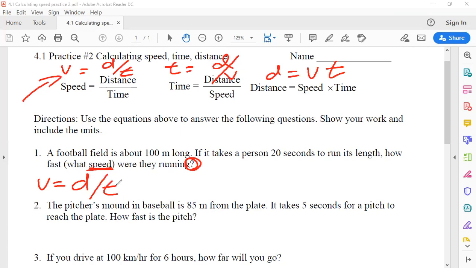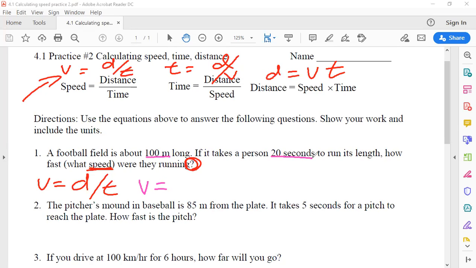Step two, I want to do in a different color here, just to make it clear. Step two is to rewrite this equation, except we're going to take values from the problem and put them in our equation. It's important that we put them in the right place. So step two is not just find the amounts, like 100 meters and 20 seconds, but to put them in the right place.